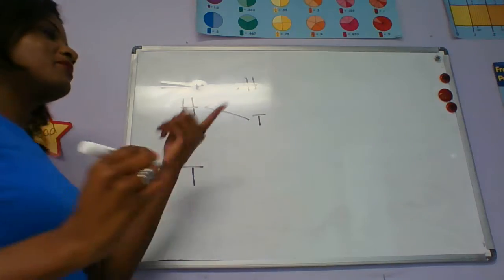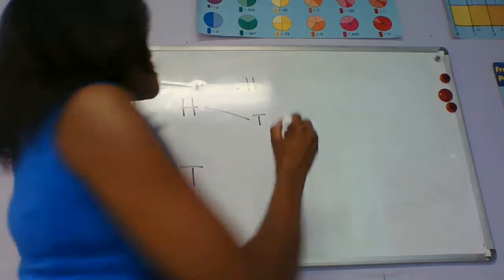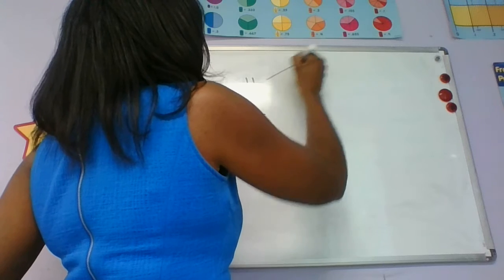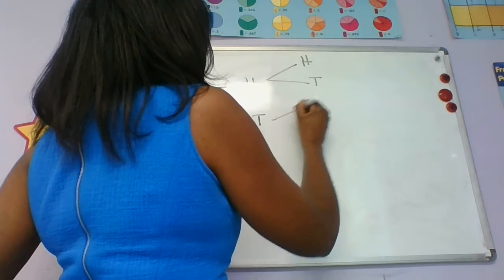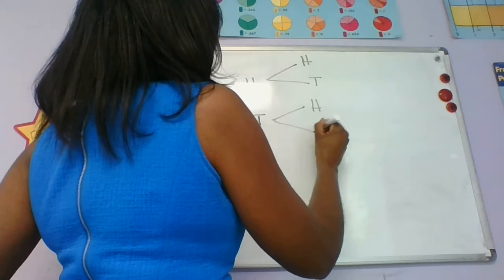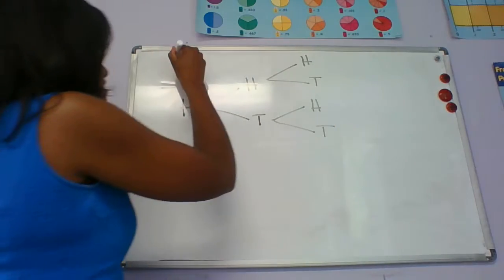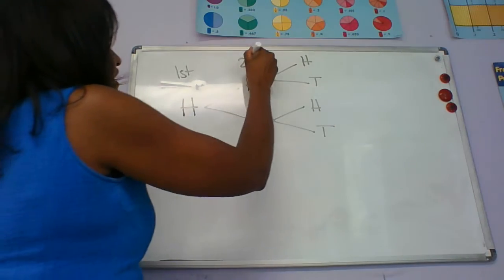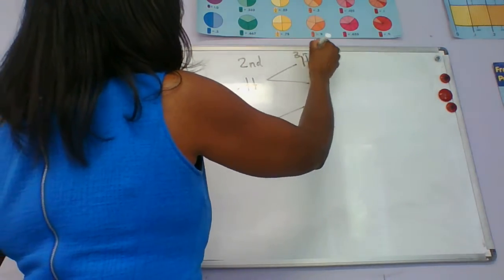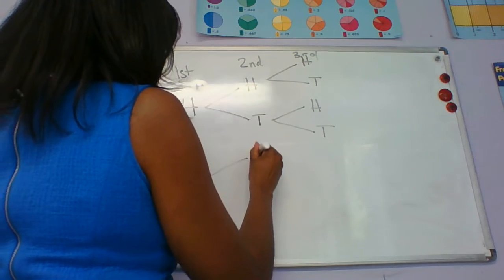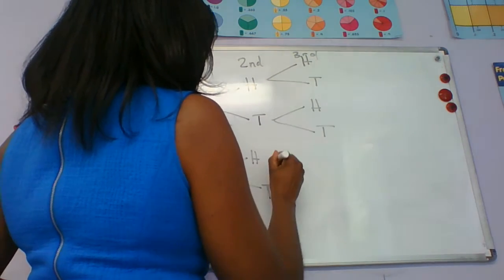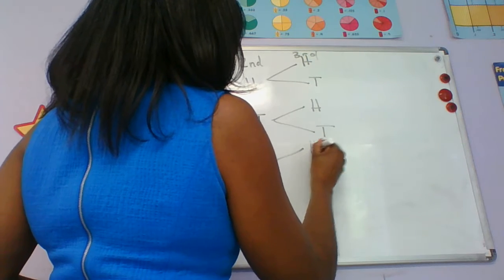Actually, since I have space, let's say we flipped it 3 times. So we could have head or tail, head or tail. So this is first, second, third. So these are all our possible outcomes.